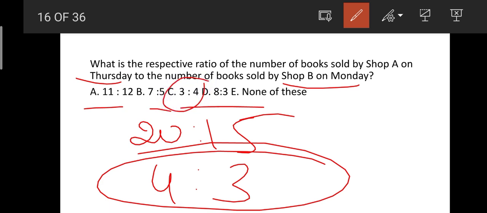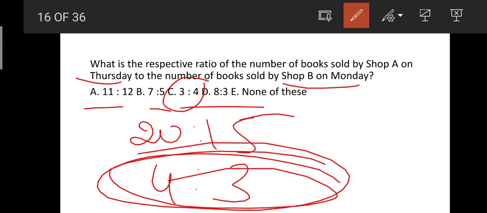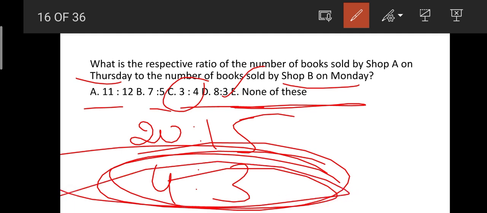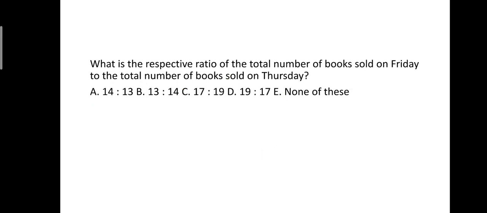So it is wrong, but here we got 4:3, so we should go for option E, that is none of these. If we have 4:3, then we can go for 4:3, but if we have 3:4, we should not opt for that option. Okay friends, I think you have understood this question.